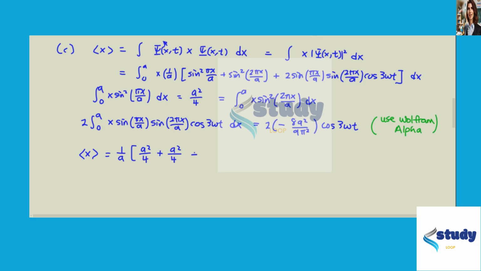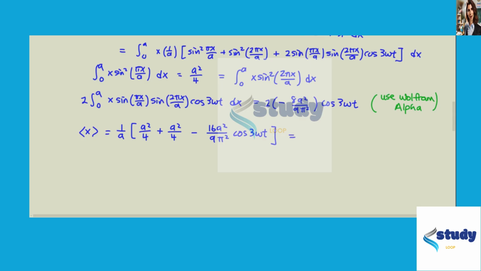And then minus 16 a squared over 9 pi squared cosine 3 omega t. Then you can cancel the a, so you have a over 2 minus 16a over 9 pi squared cosine 3 omega t, and this is equal to a over 2 times 1 minus 32 over 9 pi squared cosine 3 omega t.